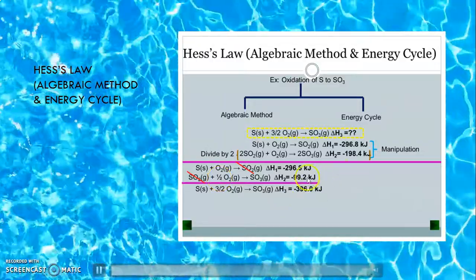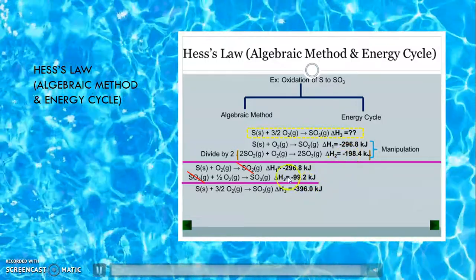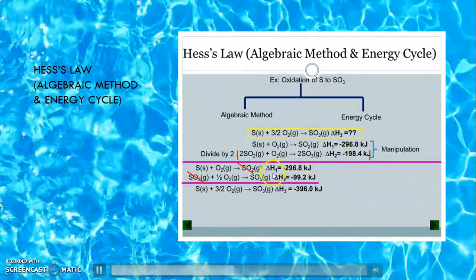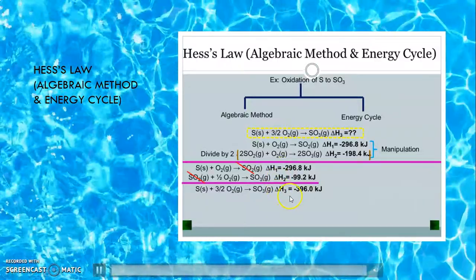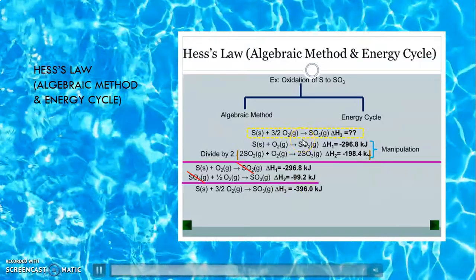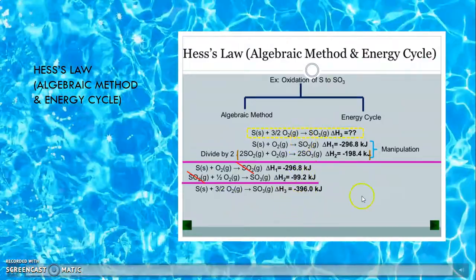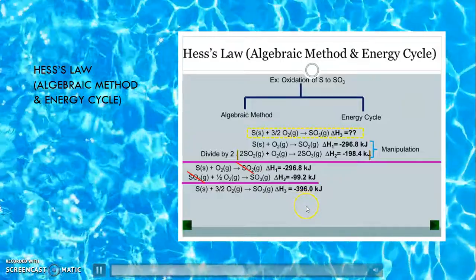So therefore the enthalpy is half of the data given. Once we have done that, we total up delta H1 and delta H2 to get delta H3, which is the enthalpy value for the reaction that we need to calculate, which in this case is negative 396.0 kilojoules.